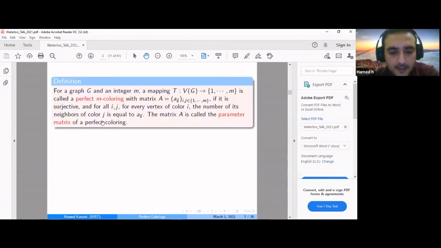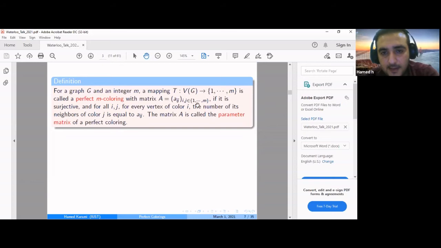Okay, let us give the main definition of this talk that is very similar to the definition of completely regular codes. For a graph G and an integer m, a map T from V(G) to the set {1 to m} is called a perfect m-coloring with matrix A if it is surjective, and for all i and j, for every vertex of color i, the number of its neighbors of color j is equal to a_ij.